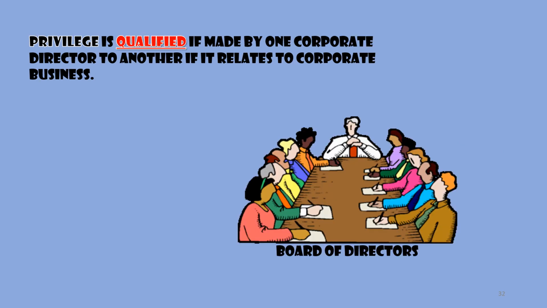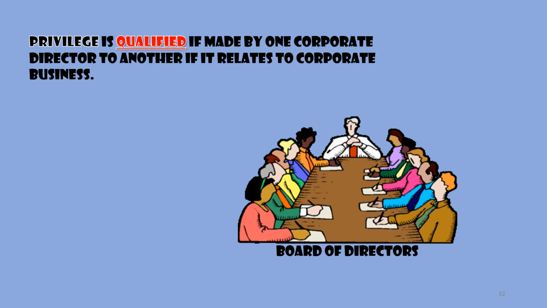Next, the privilege is qualified if the statement is made by one corporate director to another corporate director and it relates to corporate business. Now, when you're on the board of directors for any company, you have a fiduciary responsibility towards that company, meaning your job is to make decisions in the best interest of the company.